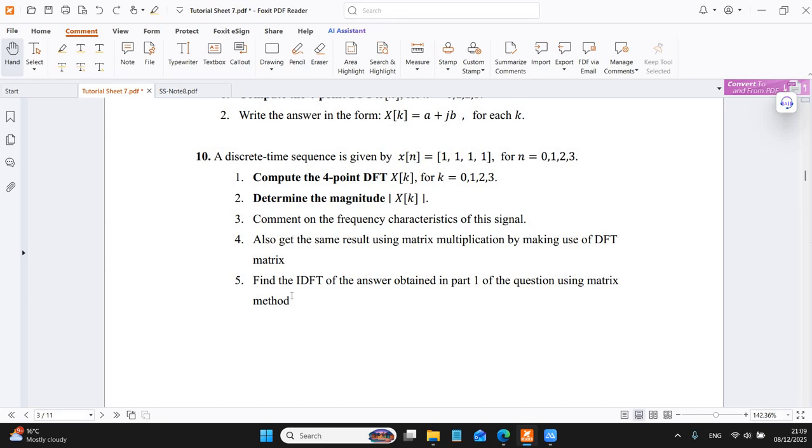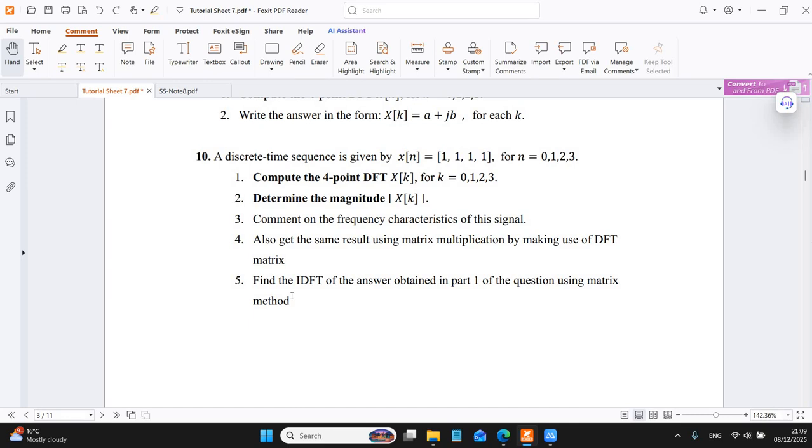I will take the real part, only the real part, plus cosine of pi over 2 into 3k, then minus j times, sine of pi by 2 into k plus sine of pi k plus sine of pi by 2 into 3k. That's it. Okay, so I have the two parts.